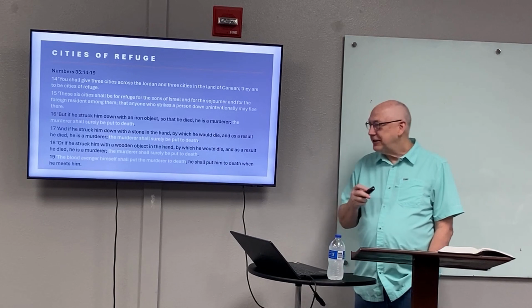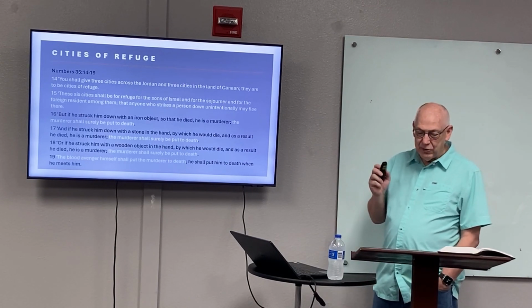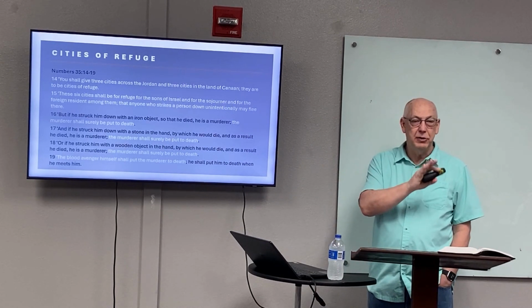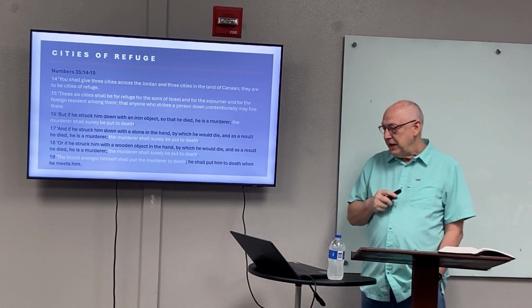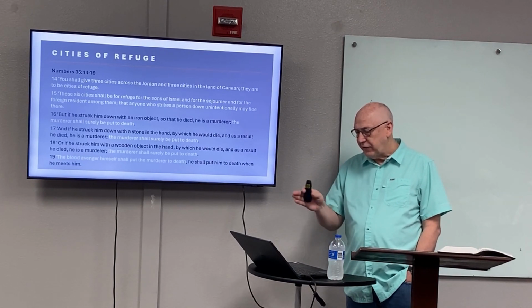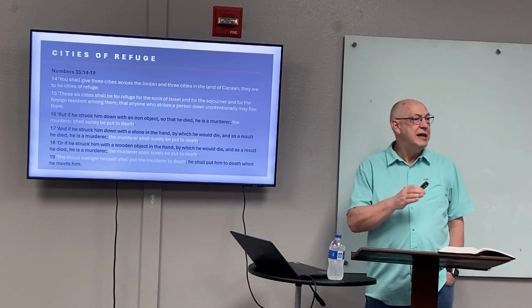All right, so let's start with the cities of refuge. We're going to go backwards to the Book of Numbers, and I'm going to read mostly, but these are fairly long passages, so I'm just going to highlight some of the information.